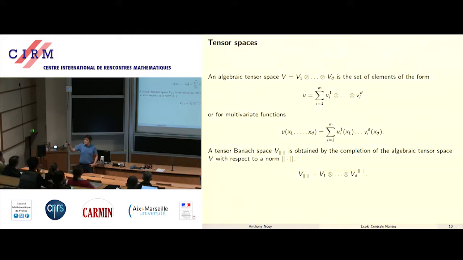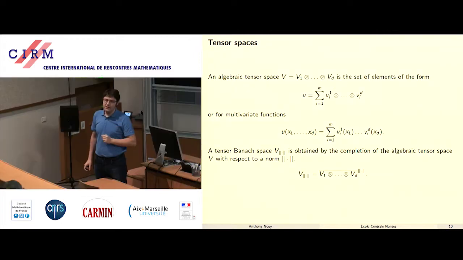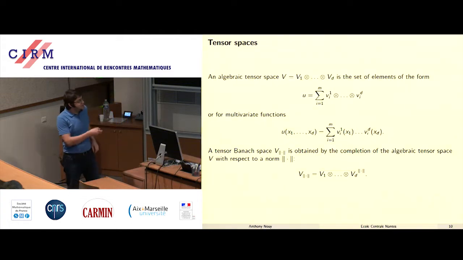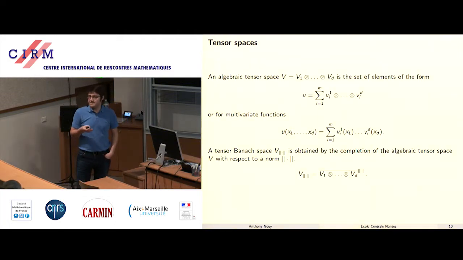And in the literature, you mainly find books on tensor spaces that focus on the case of two spaces. And in this case of two spaces, the tensor analysis is closely related to the analysis of operators, okay? Operators from one space to the other, bilinear applications or operators. You have an identification. And in fact, the functional analysis of tensor spaces is quite recent.